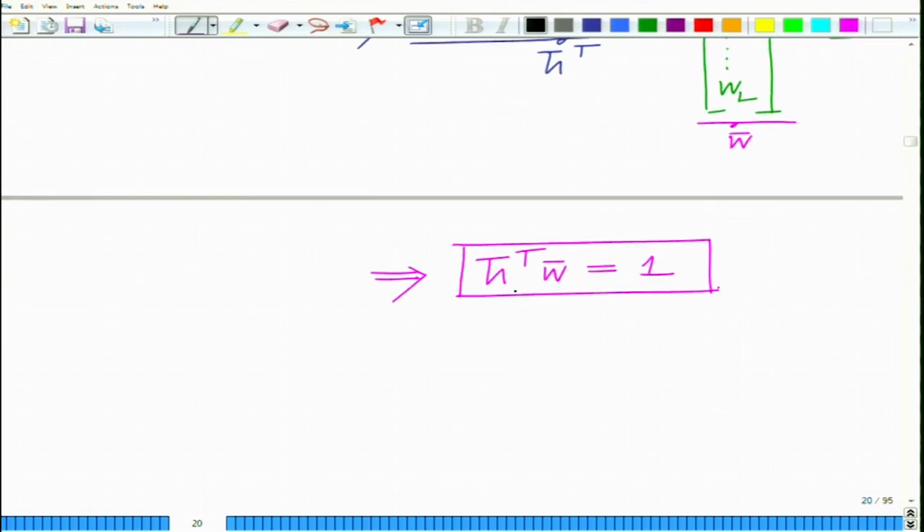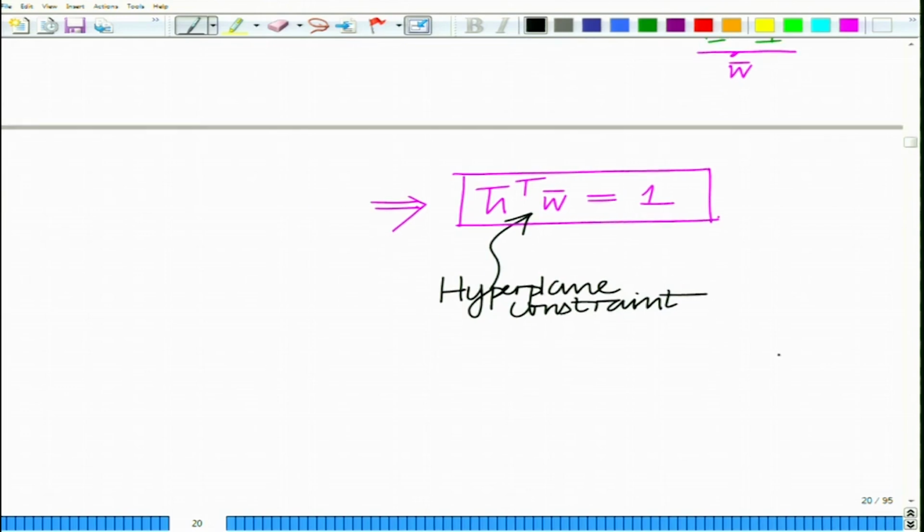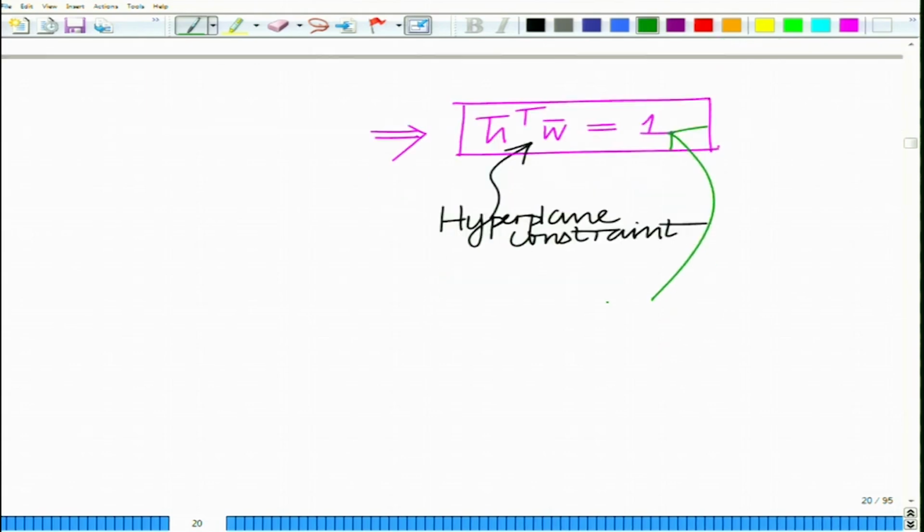So, this is a practical application of the concept of hyperplane in a wireless communication system, which says that all these beamforming vectors W bar lie on this hyperplane described by H bar transpose W bar equals 1. This is the hyperplane constraint, and what this is doing is ensuring unity gain for the desired user or desired signal.